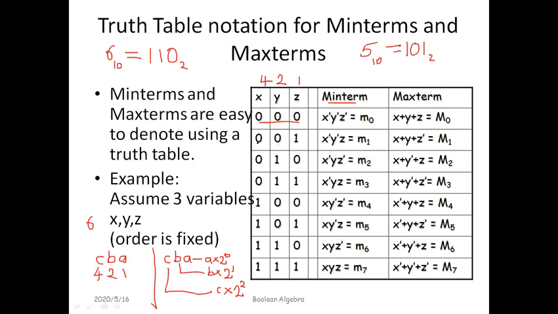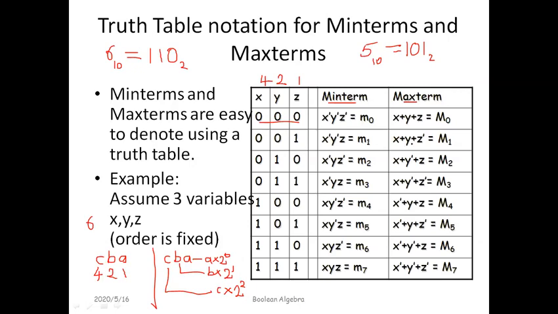So the second row we have 0, 0, 1. So the first two inputs will be inverted. X bar, y bar, then z is equal to M1. The 1 coincides with the 1 in the binary. Then equally on the second we have x plus y, that is under max term.